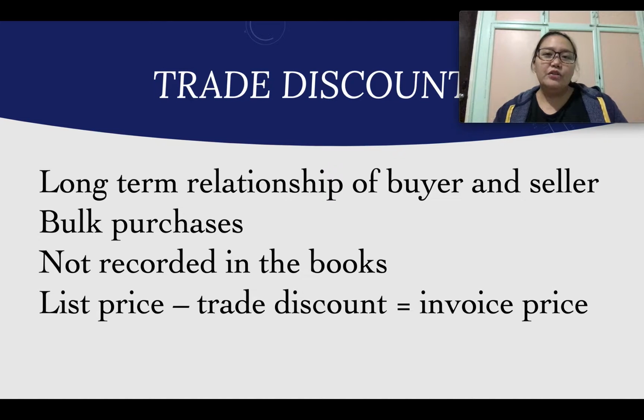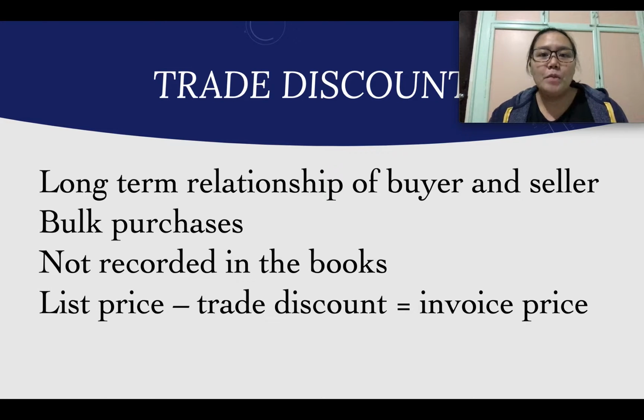Usually it is also given whenever you purchase in bulk. If you purchase in large volumes or large quantities, it is possible that you will be given a trade discount. It is very important to remember that trade discounts are not recorded in the books.